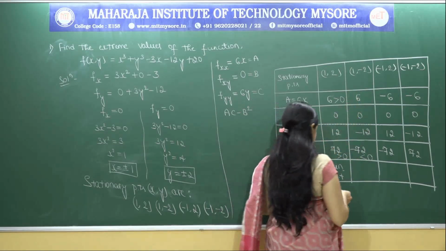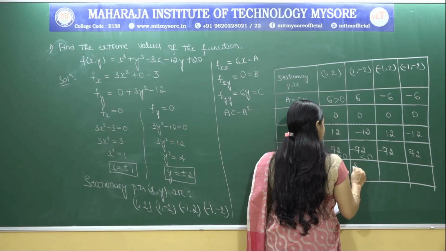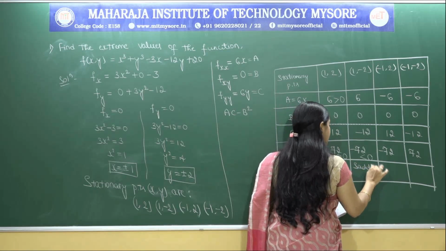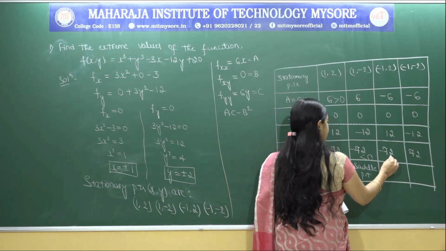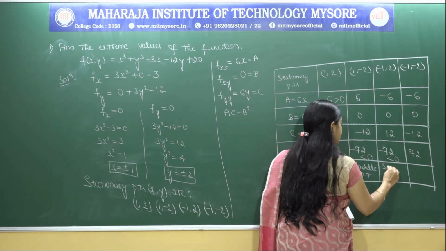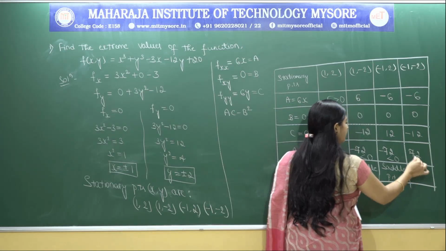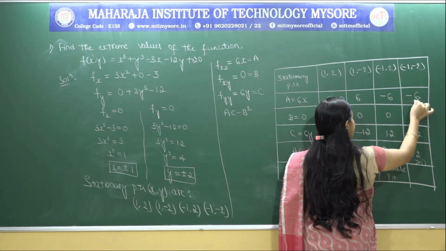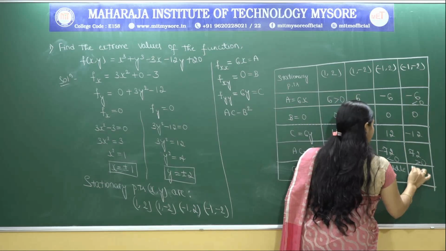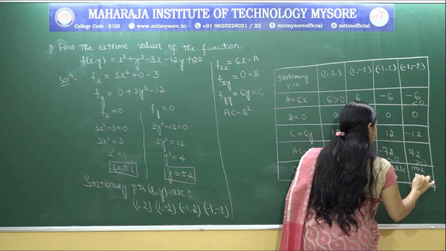That point is also called the saddle point. Similarly, the third one, it is less than 0, again it is the saddle point. The fourth one, it is greater than 0 and A is less than 0, then it is the maximum point.